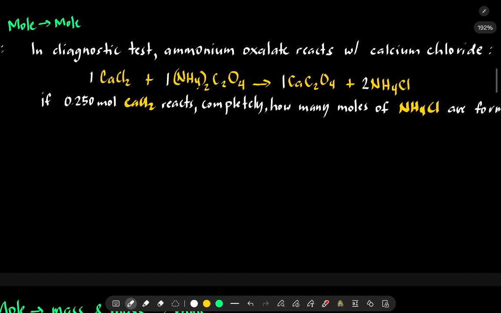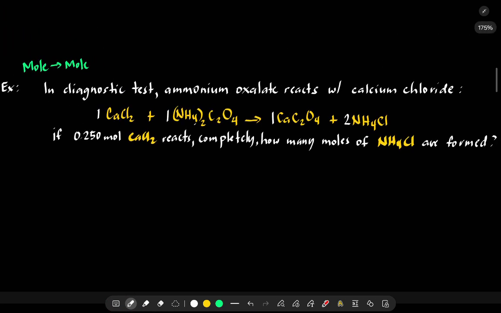Okay? So, now we have the problem. In a diagnostic test, ammonium oxalate reacts with calcium chloride. Ito po yung ating recipe: 1 mole of CaCl2 plus 1 mole of ammonium oxalate will produce 1 mole each of the products, calcium oxalate and ammonium chloride.